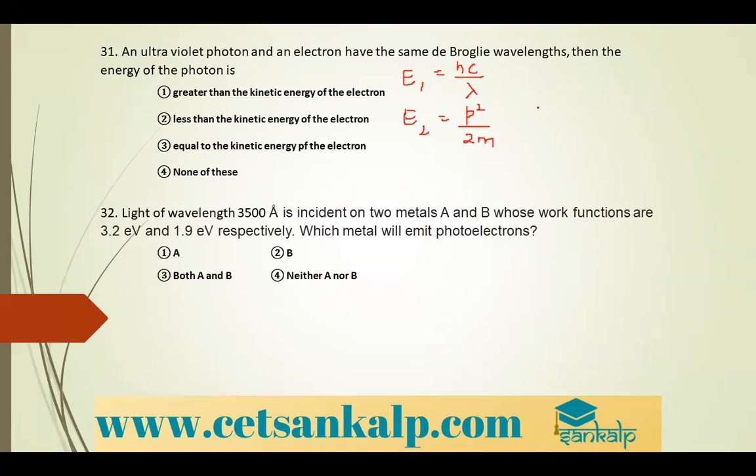Non-relativistic electron is like this. So you can write it as h square divided by lambda square 2m.